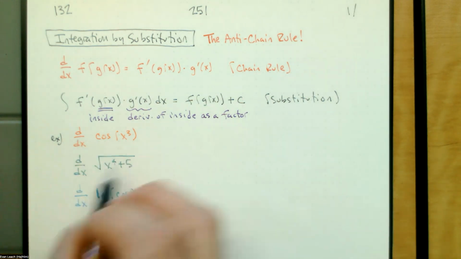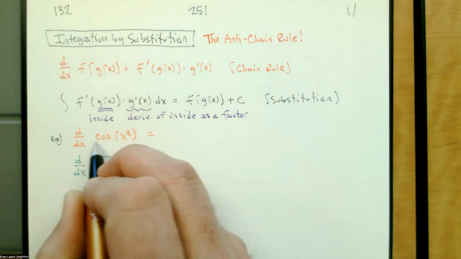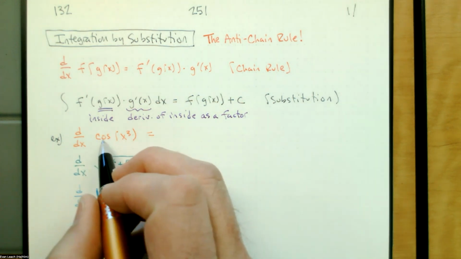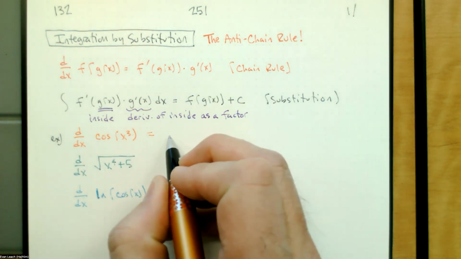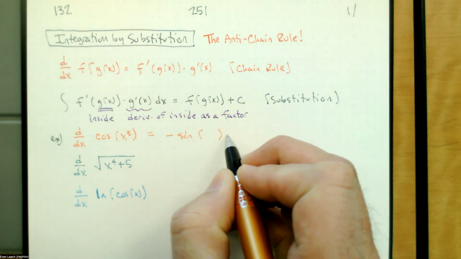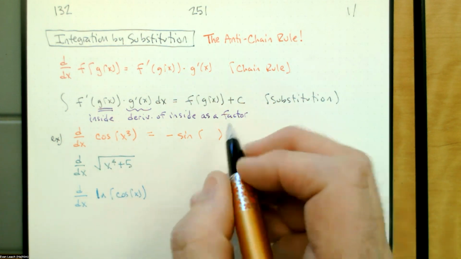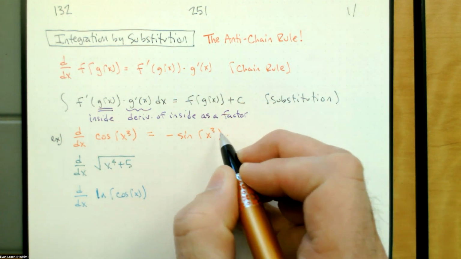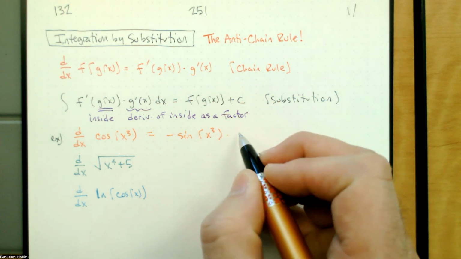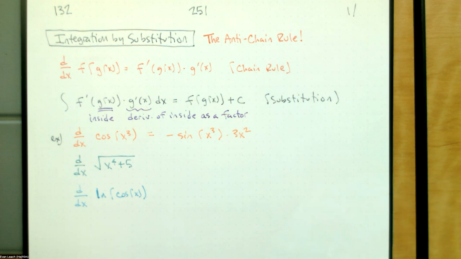So let's find some derivatives using the chain rule to see what happens. The derivative of cosine of x cubed: the derivative of cosine of something is minus sine of that thing times the derivative of that thing. The derivative of cosine of x cubed is minus sine of x cubed times the derivative of x cubed, which is 3x squared. So there we are using the chain rule.